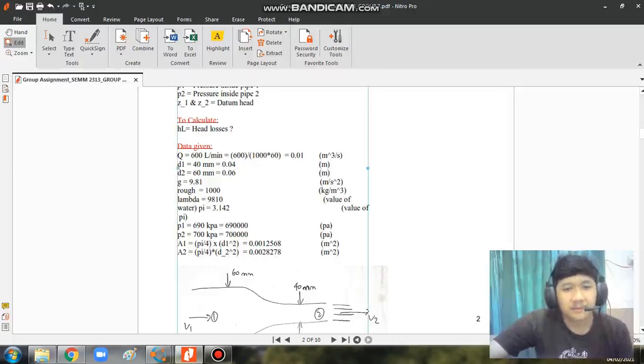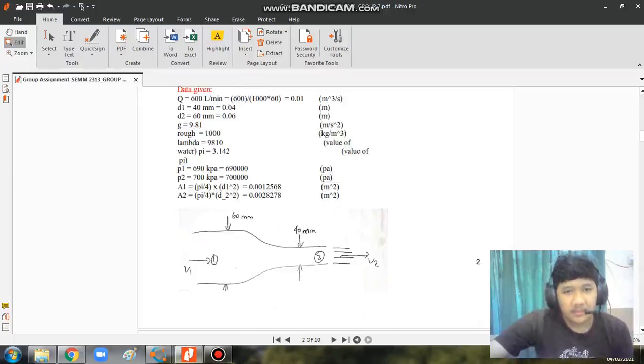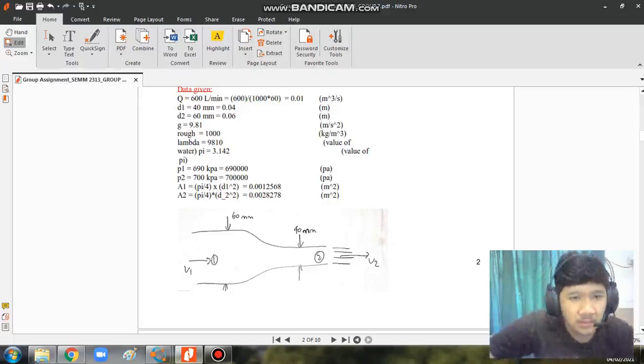So we have pi as 3.142, and we use it for finding the area later. P1 we have 990 kilopascal, so we convert to Pascal.